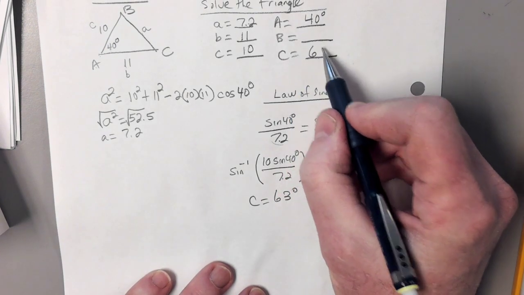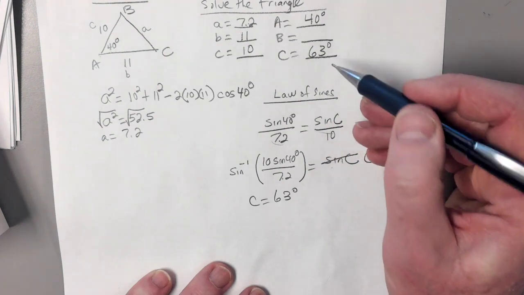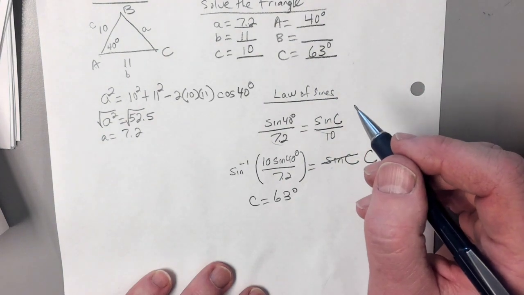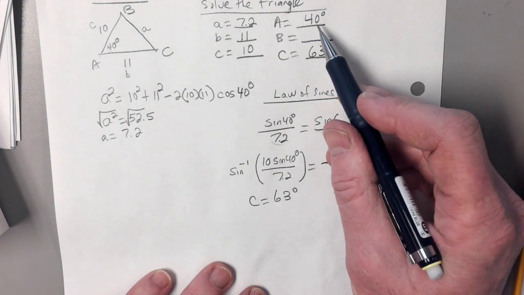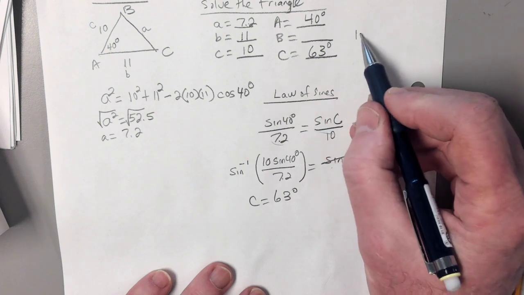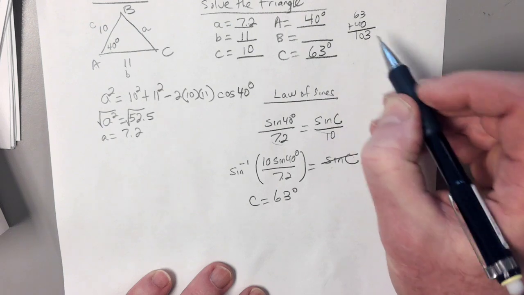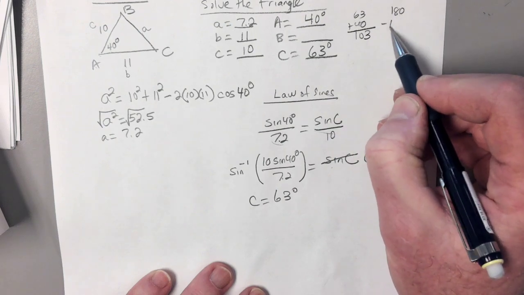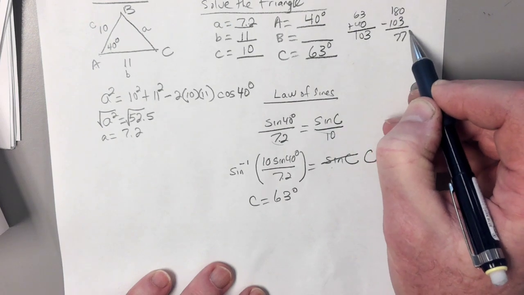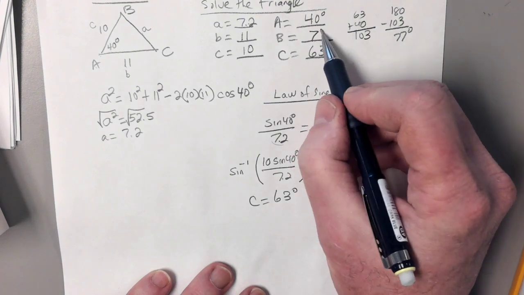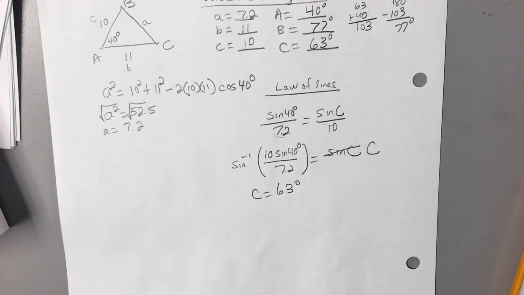I can put that up here. And now that the angles of a triangle add up to 180, I can add 63 plus 40 and get 103. Take 180 minus 103, and we get 77 degrees, which is what angle B is. And that's how you solve a triangle using side angle side.